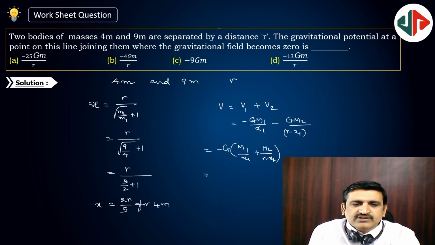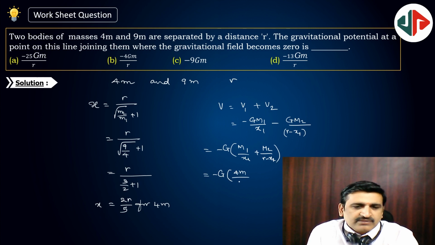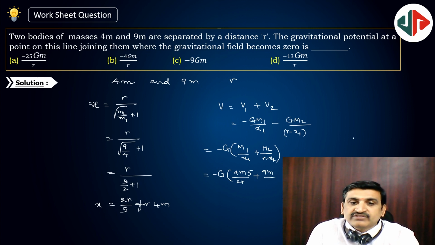So that is equal to minus G into m1 is 4m by x1, x1 I got as 2r by 5, plus m2 is 9m by r minus 2r by 5, which is 3r by 5.